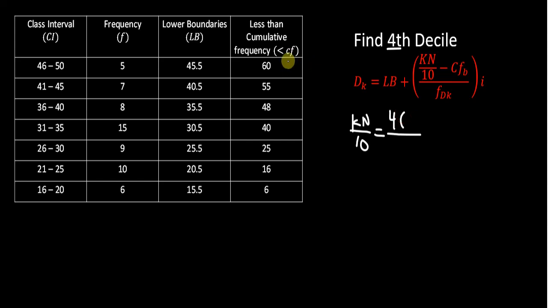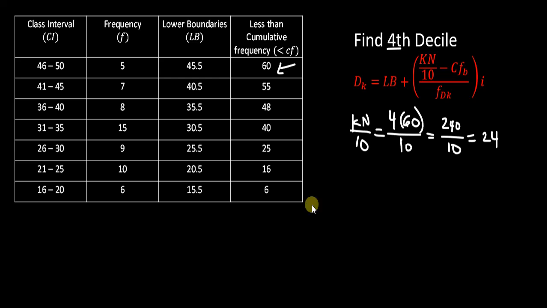Yung n natin hindi nagbabago, yung 60 pa rin. So, 60 over 10. And what is 4 times 60? That is equal to 240, divided by 10. And 240 divided by 10, that is 24. So, that is equal to 24.